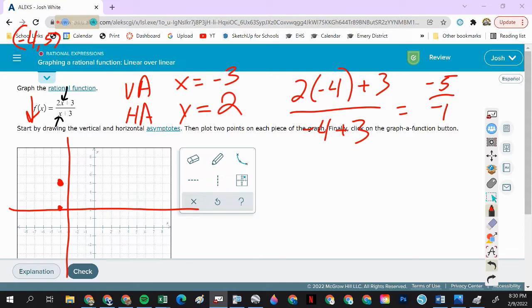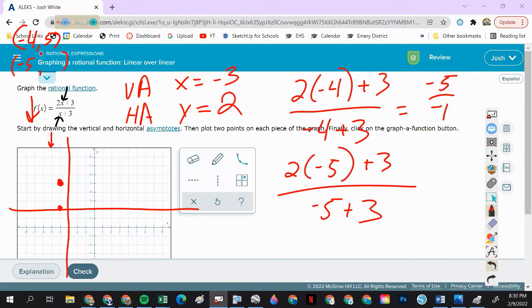And then let's try -5. I don't know what's going to be a nice number. -5 comma something. 2 times -5 plus 3 over -5 plus 3. The top is -10 plus 3, which is -7. And the bottom is -5 plus 3, which is -2, which simplifies down to 3.5. So 3.5.